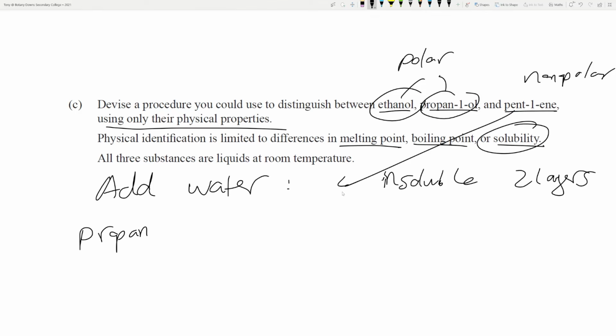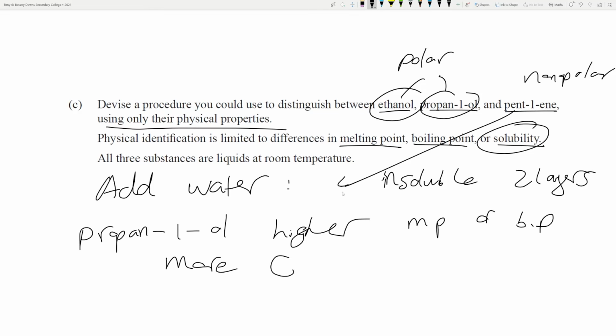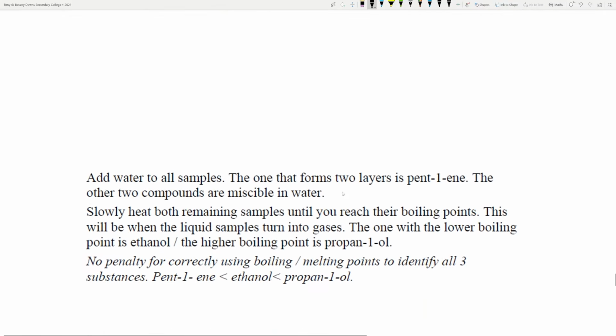Then you have these two left, ethanol and propanol. Propanol will have a higher melting point or boiling point because it has more carbons. So you can boil the two and see which one turns into a gas; the one with the higher boiling point is propanol, and the one with the lower boiling point is ethanol.